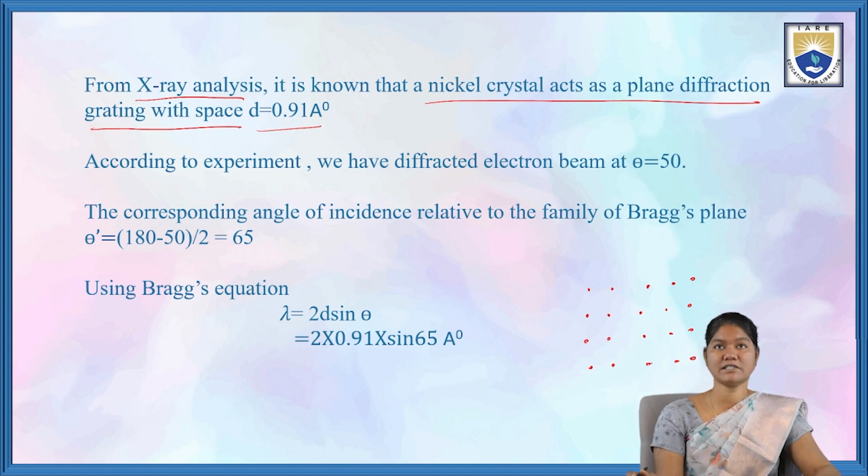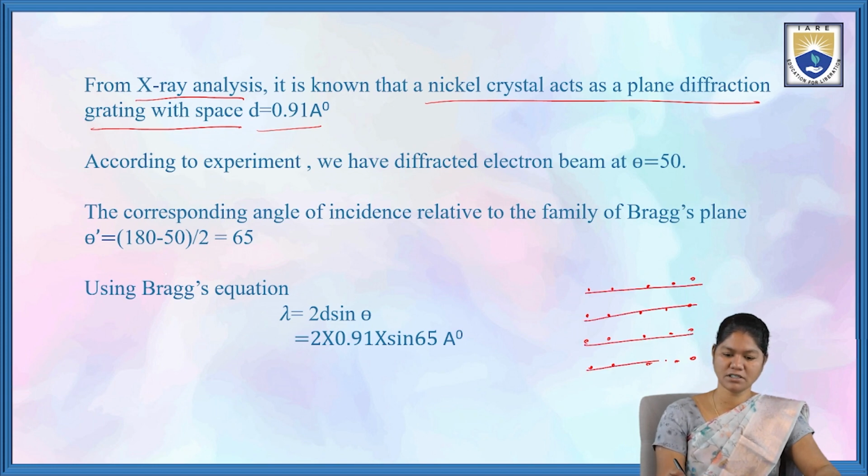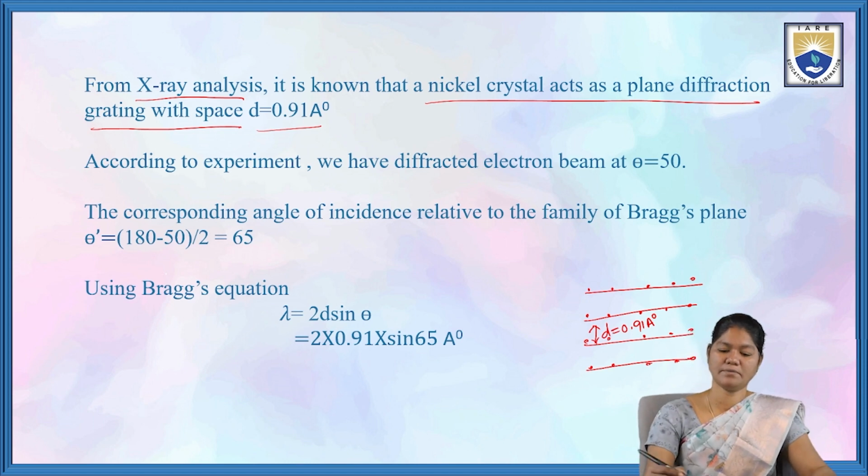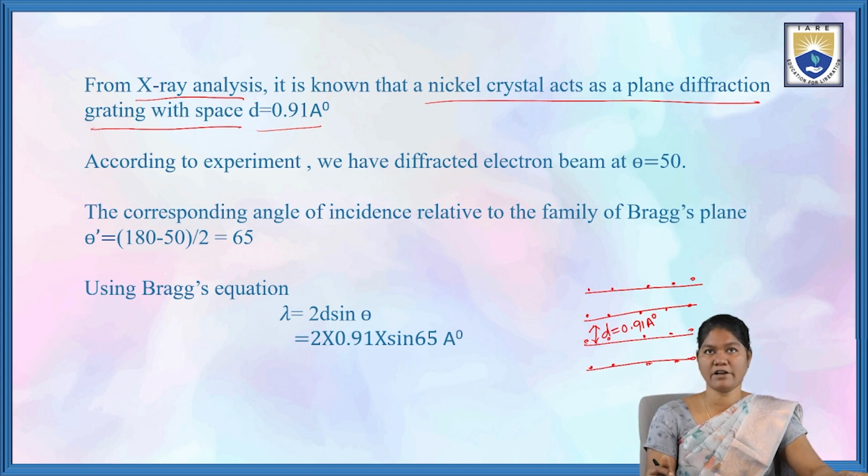So this nickel crystal acts as a plane diffraction grating, and the spacing is d. So d is equal to 0.91 angstroms, the interplanar spacing between the two planes, for the nickel crystal.